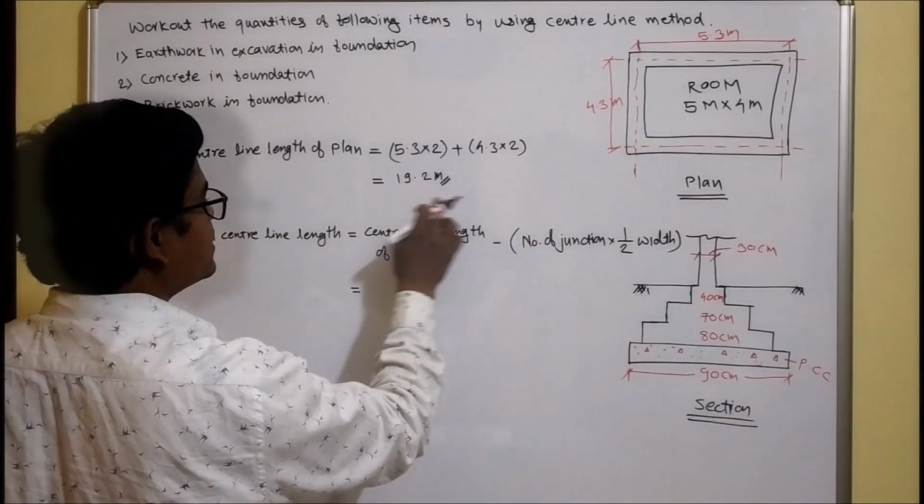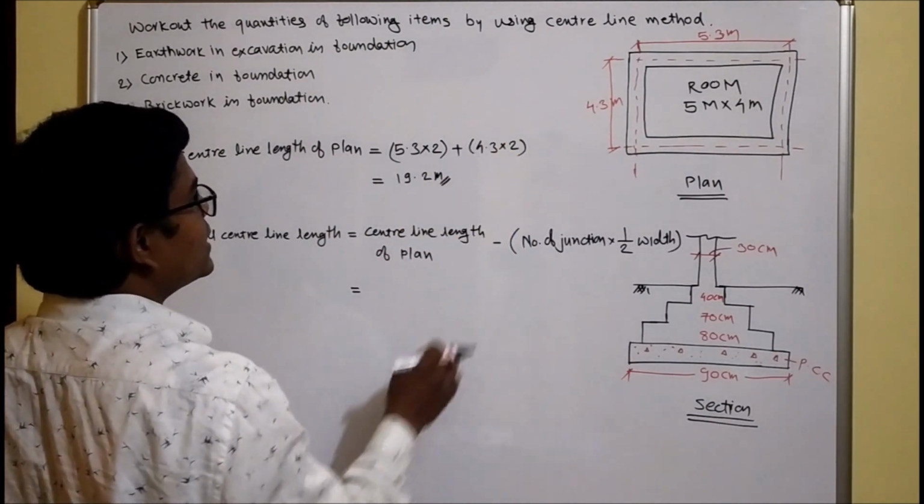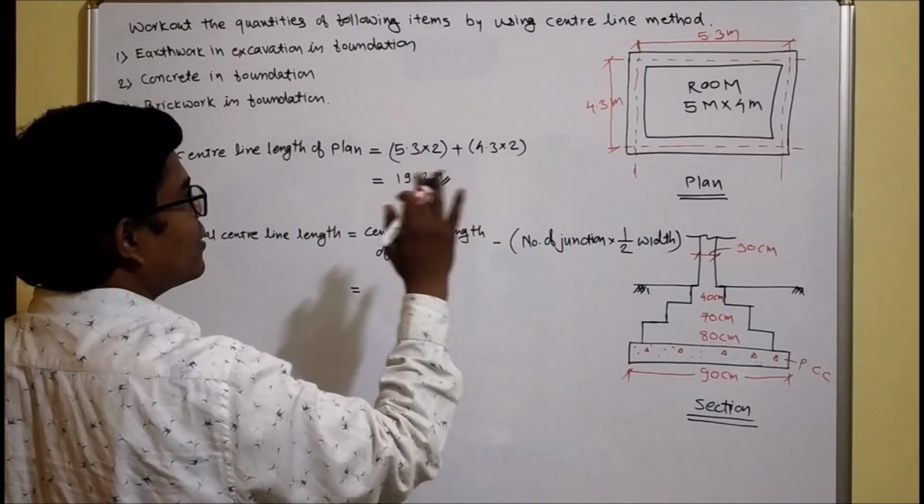So I will get this total center line length of plan by calculating the center to center distance of different walls, that is 19.2.